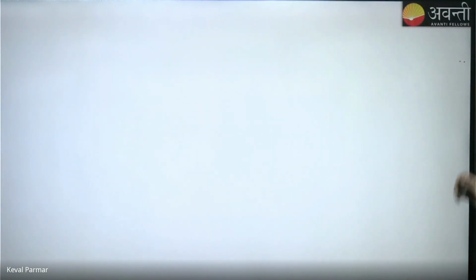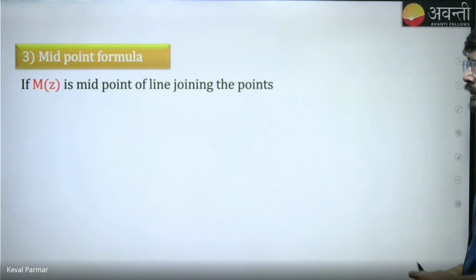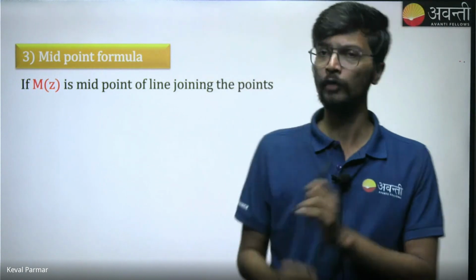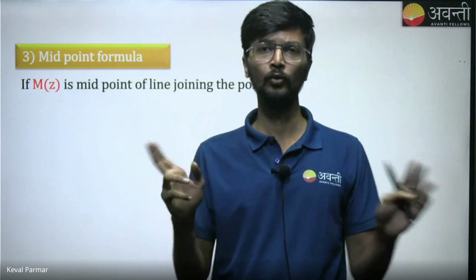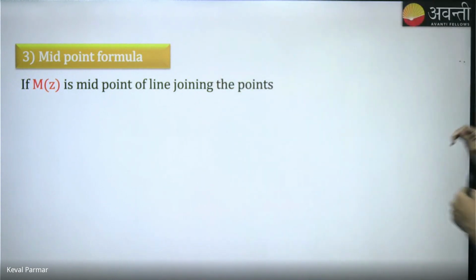Okay. I hope you have noted down. So let's start again. Midpoint formula. If M is the midpoint of the line joining 2 points, we can easily get the midpoint by using the midpoint formula, right?